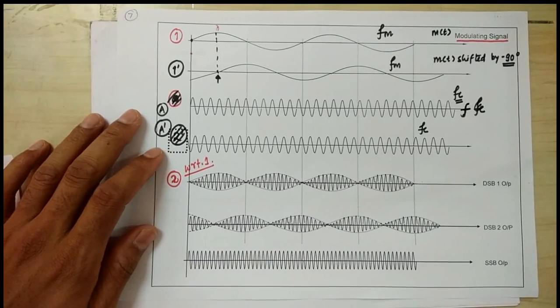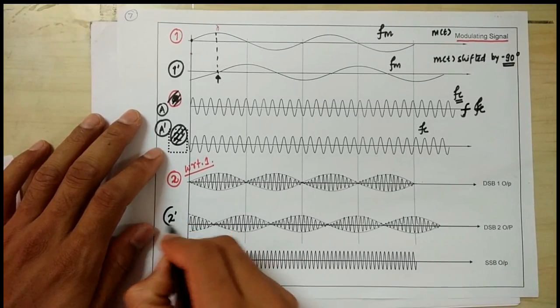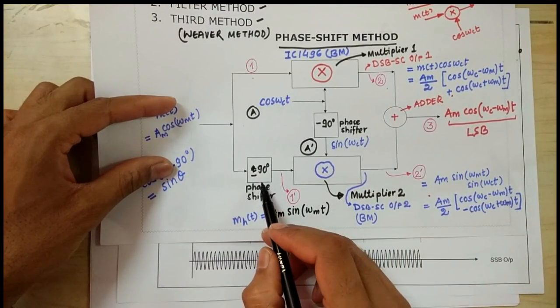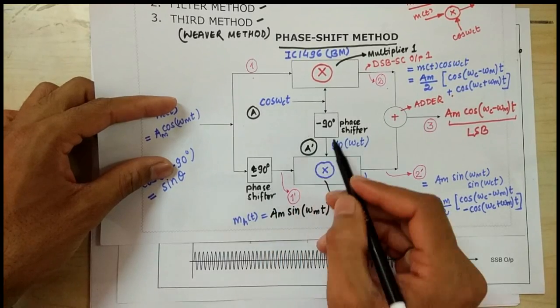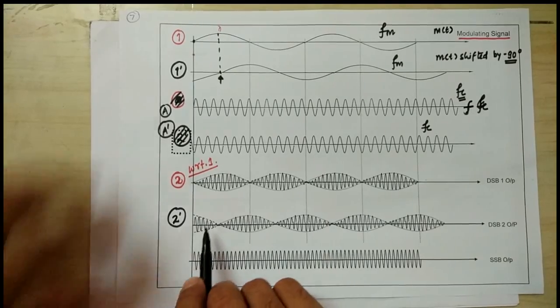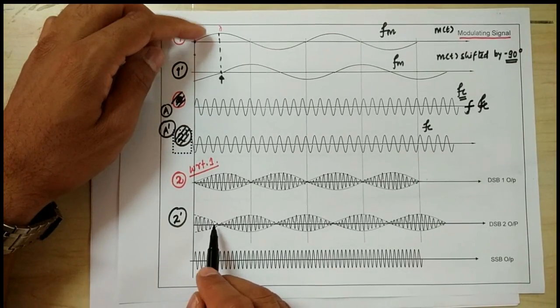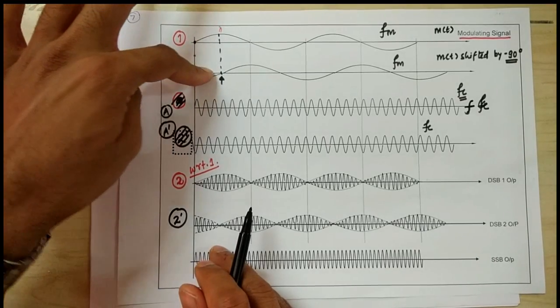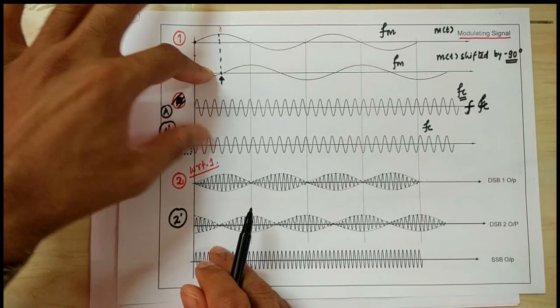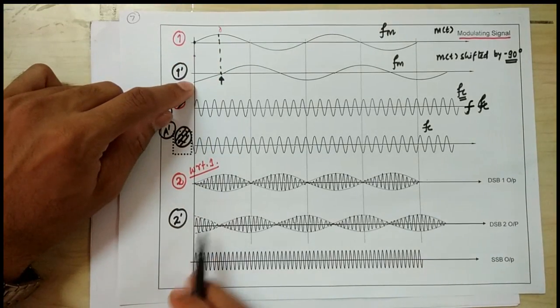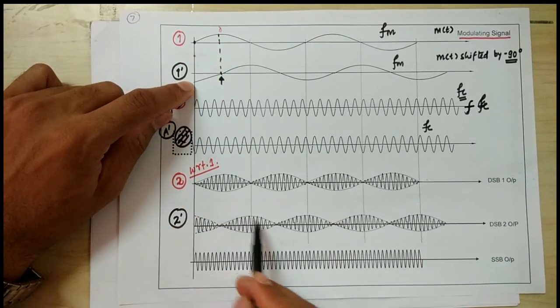If you see point number 2 dash, it is taking the input message signal shifted by minus 90 and the carrier signal shifted by minus 90. So this is the output of this DSB-SC 2. It is nothing but the multiplication of this and this signal. Since it is starting from this negative value, it has to be like this.